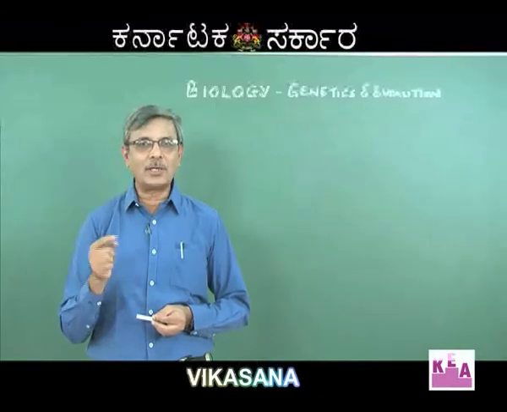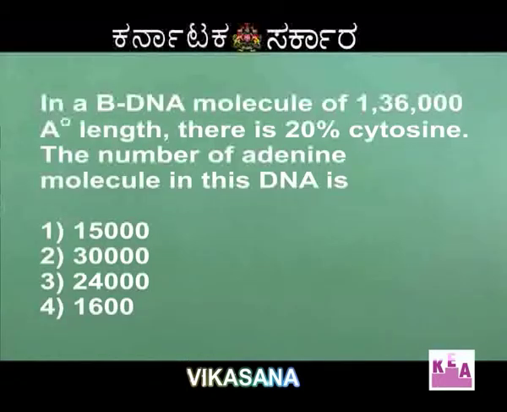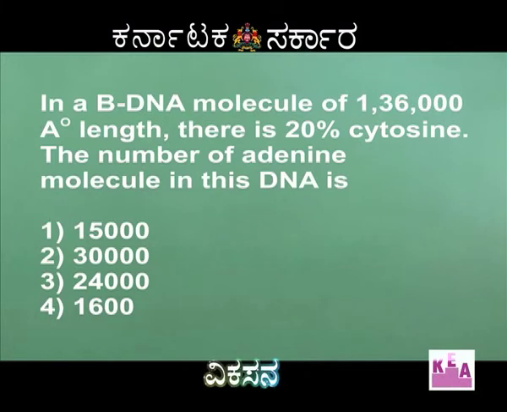Now, we move on to the next question. In a B-DNA molecule of 1,36,000 Angstrom unit length, there is 20% cytosine. The number of adenine molecules in this DNA is... my dear friends, you have studied DNA structure.